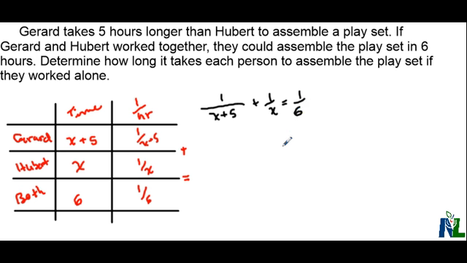So now I'd like to multiply each of these by a common denominator, which in this case would be 6 times X times X plus 5. So writing that out over here just so we can see it, we'd have 6 times X and X plus 5. So I'm going to multiply each of these by that common denominator.